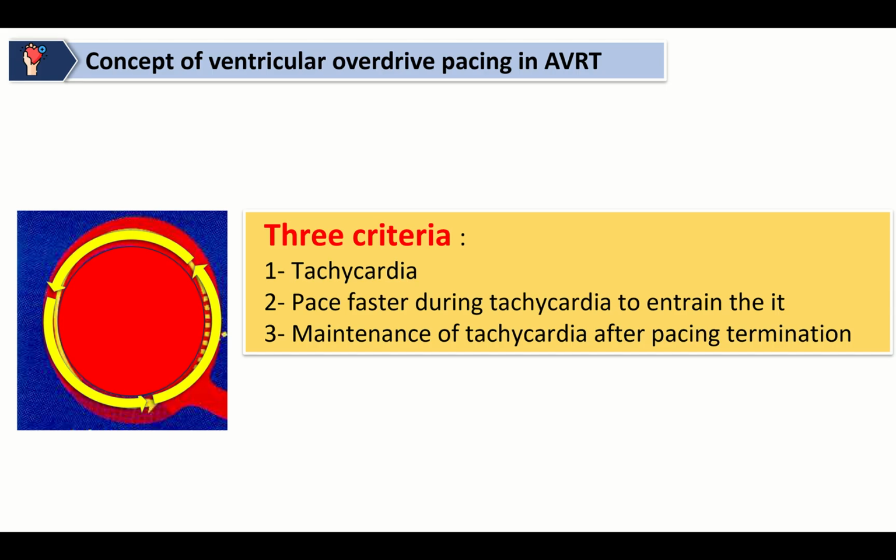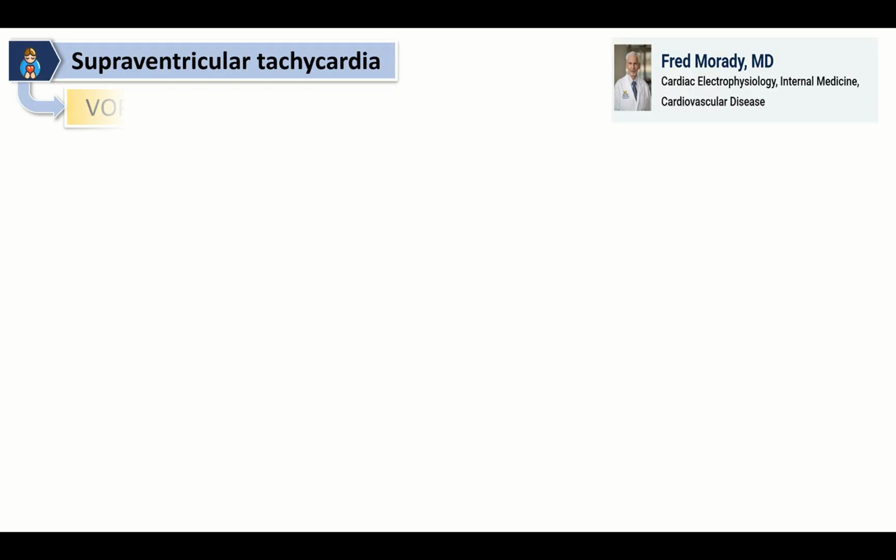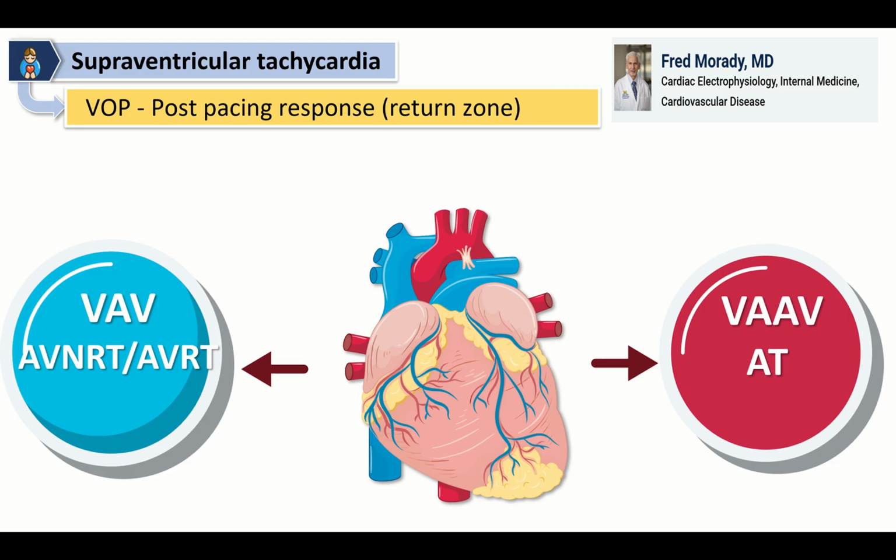Then stop ventricular pacing and let the tachycardia continue without any termination. This is Professor Moradi, who gave us a golden rule about post-pacing response in the return zone. AVRT will have a VAV response like AVRT, however, in atrial tachycardia, it's different.